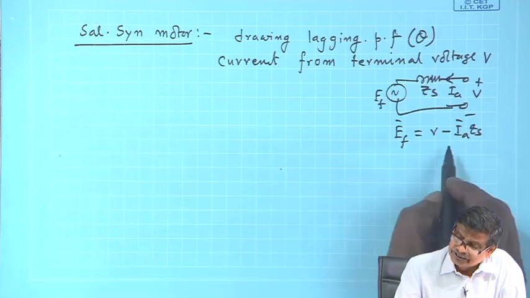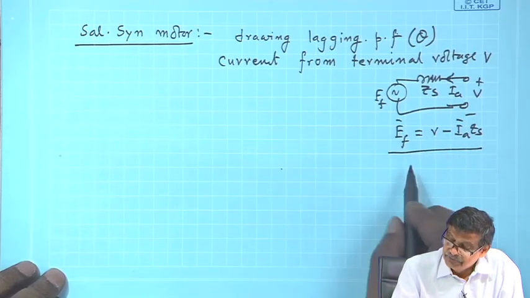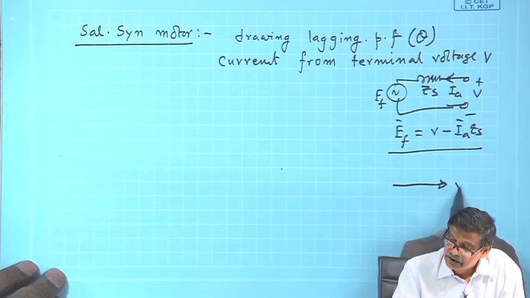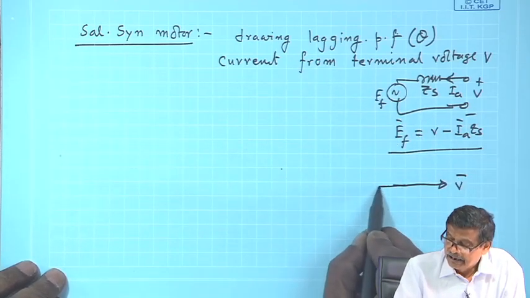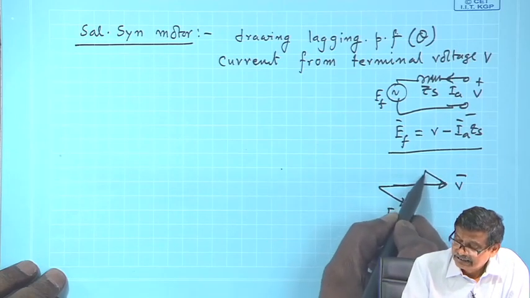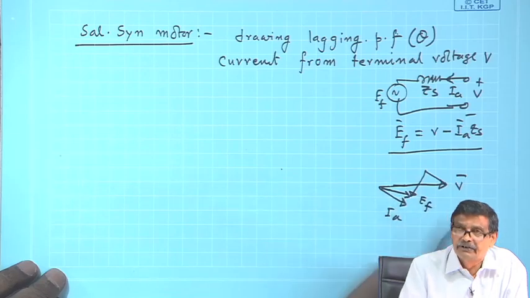So, also see that in case of motor mode, if you start with terminal voltage, in case of cylindrical machine, what I was doing, V, I was drawing current I A, then minus I A R A, minus I A J X S, we were getting E f, you recall that.